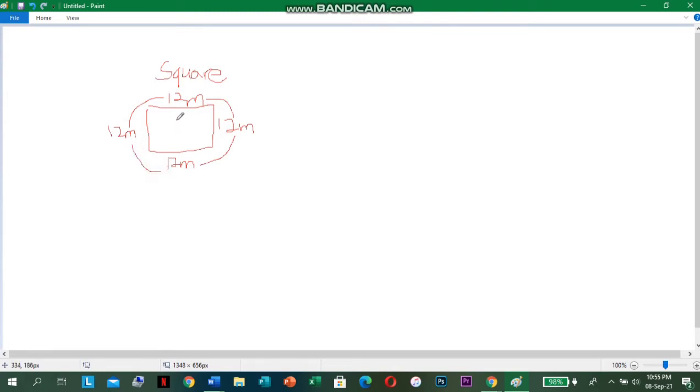So when we add 12 meter plus 12 meter, we get 24. When we add this 12 meter with this 12 meter, we also get 24. And when we add both 24s, we get 48, because 4 plus 4 is 8, and 2 plus 2 is 4.